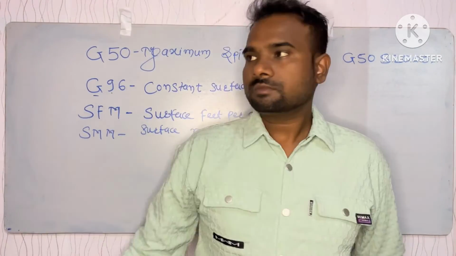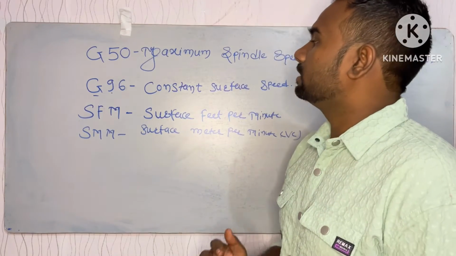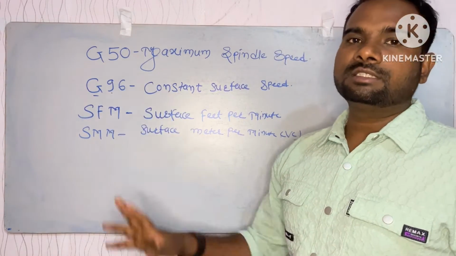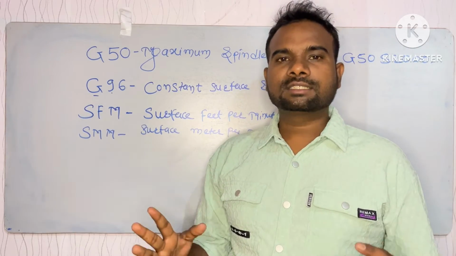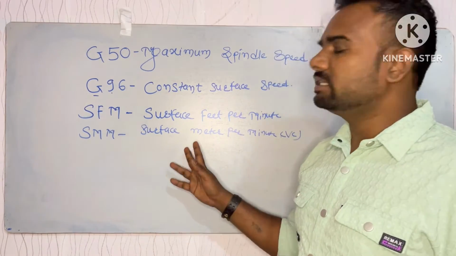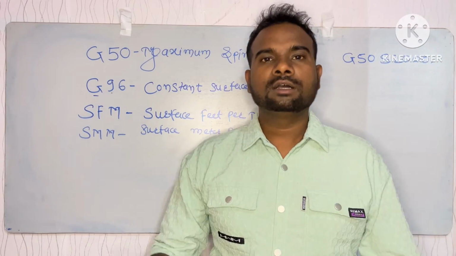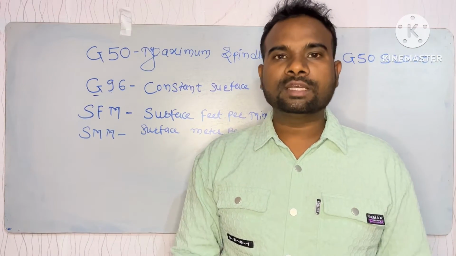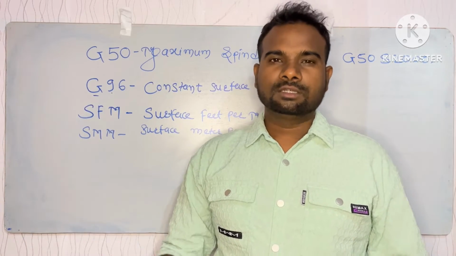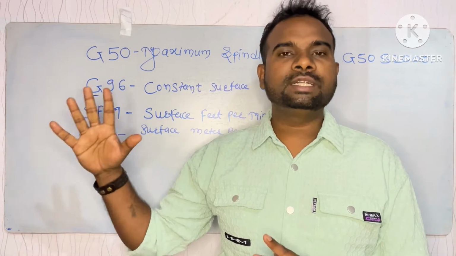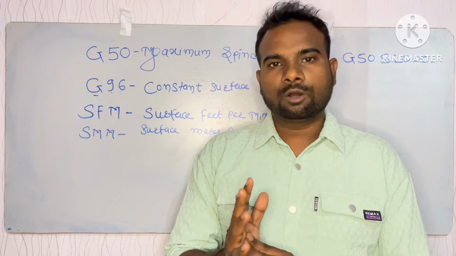So whenever we use G96, it tells the machine to maintain its cutting speed, to maintain the VC, to obtain the actual profile, the required finish, or to maintain the cutting speed in operation.